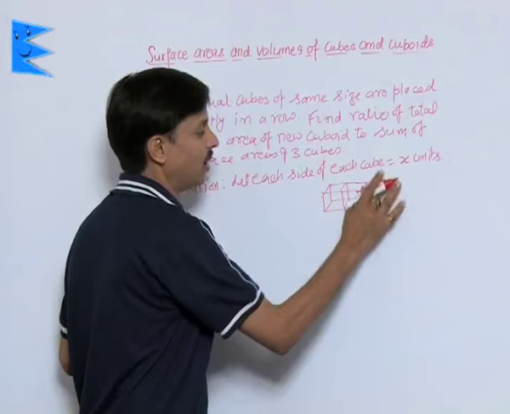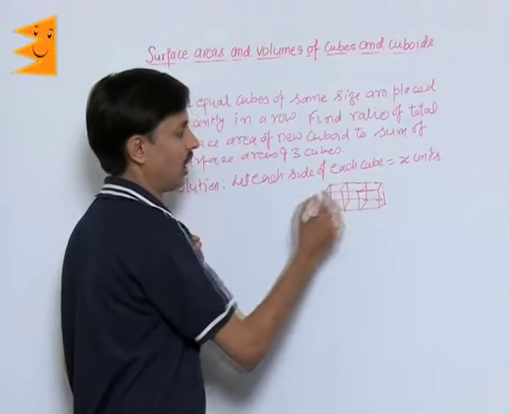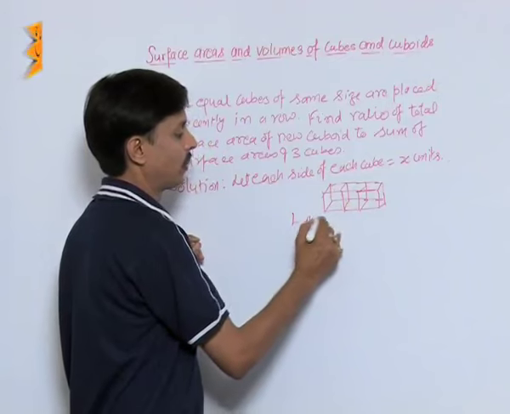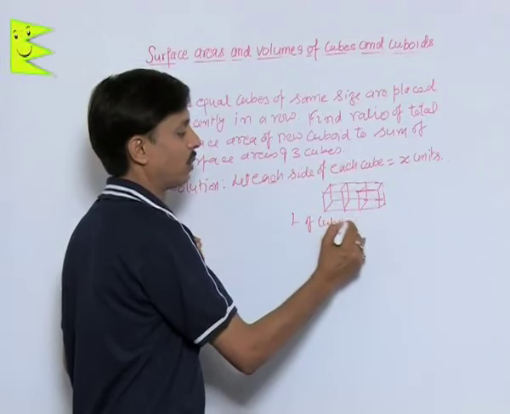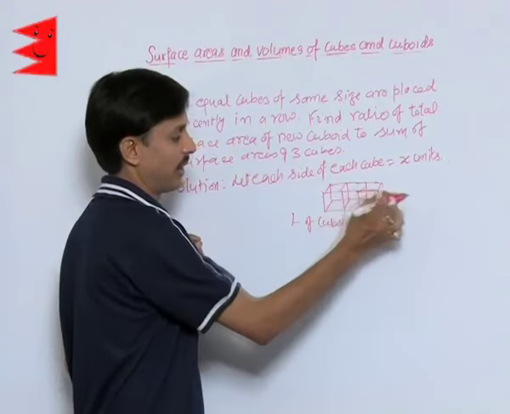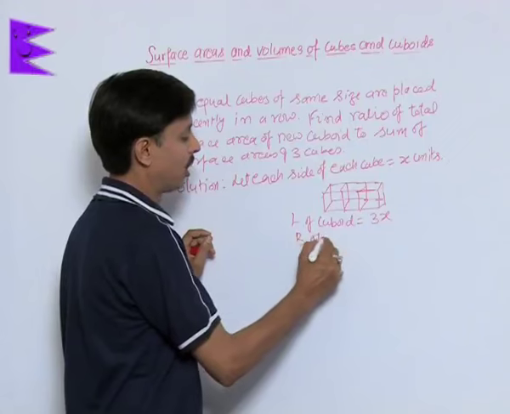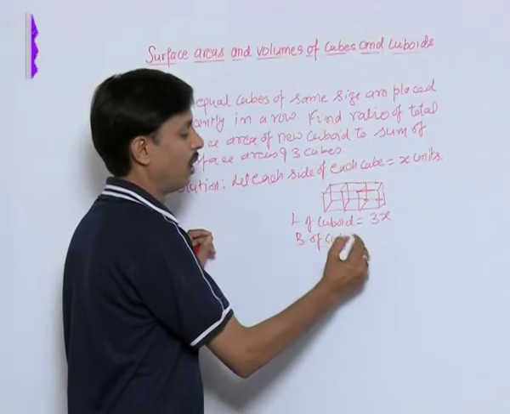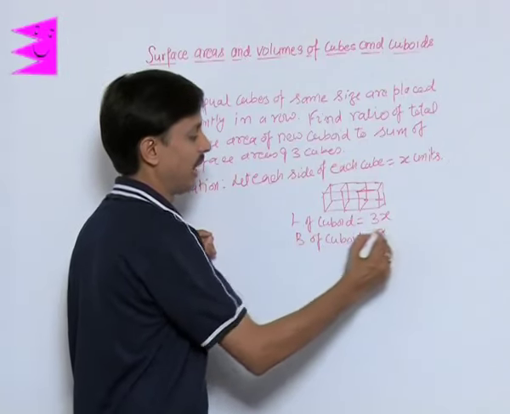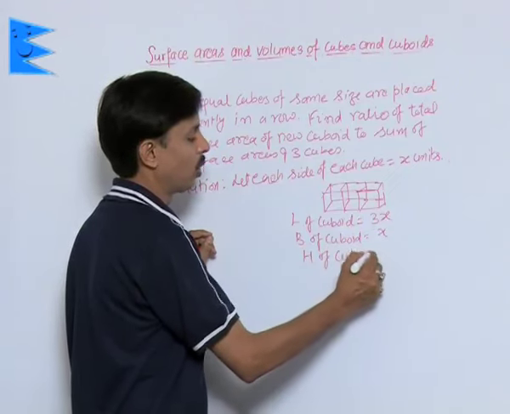The length of the cuboid so formed will be 3x, x plus x plus x. Then the breadth of the cuboid will not change, that will be x, and the height of the cuboid will also not change, it will remain x units.